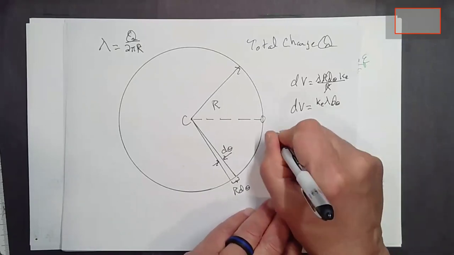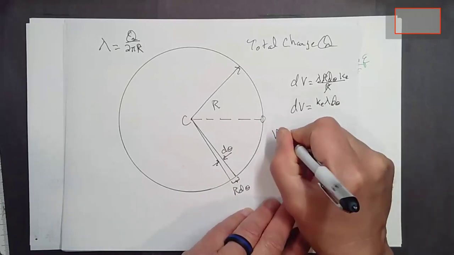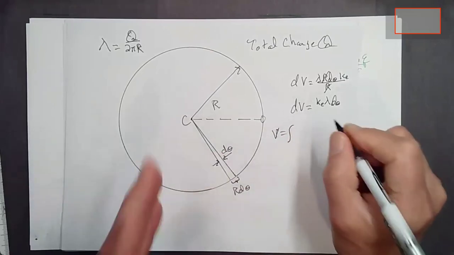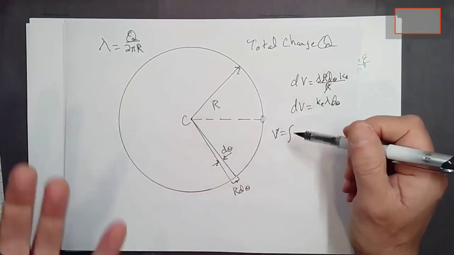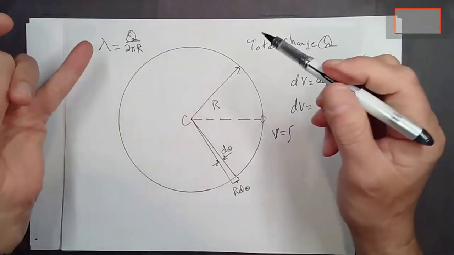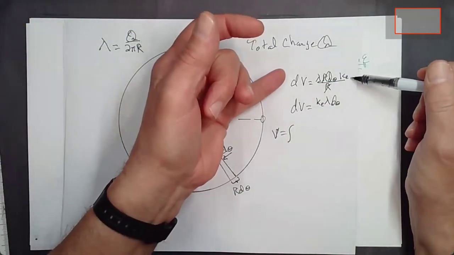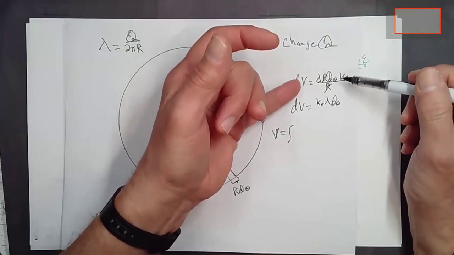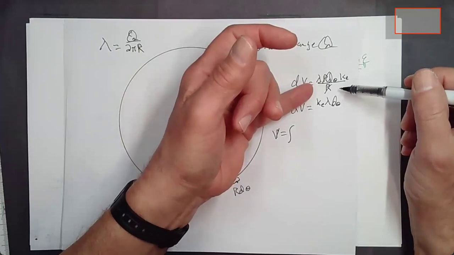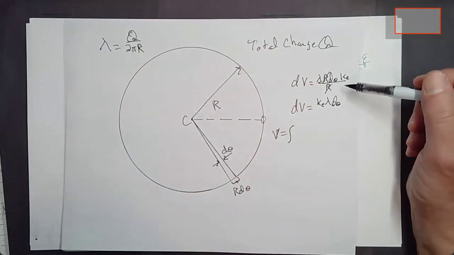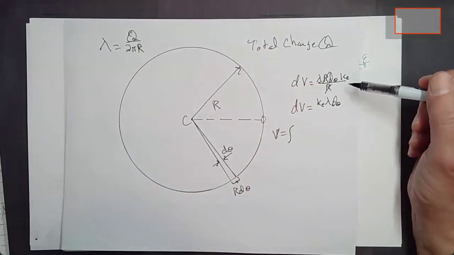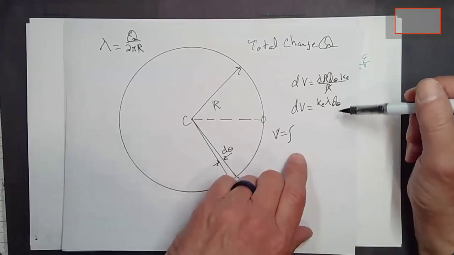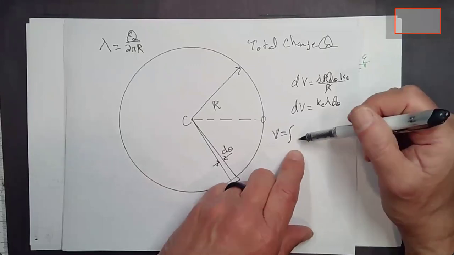Let's see, the V is going to be what I get if I integrate. By the way, this is assuming when I use an expression like this, where it's k sub e dq over r, that's with the assumption that the potential at infinity would be 0. So that expression works there. We can't always use that, but we can here.